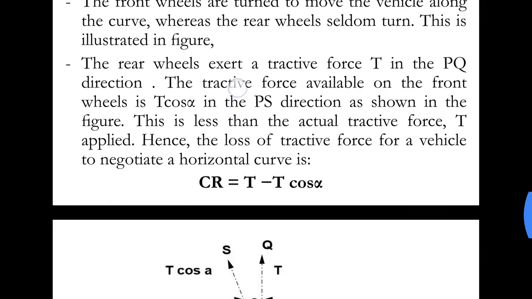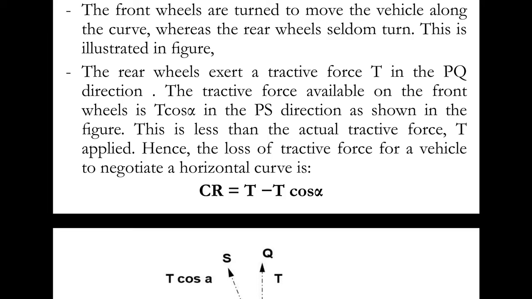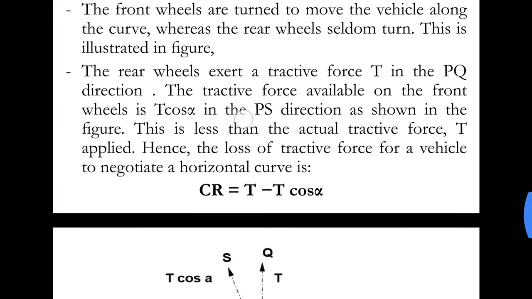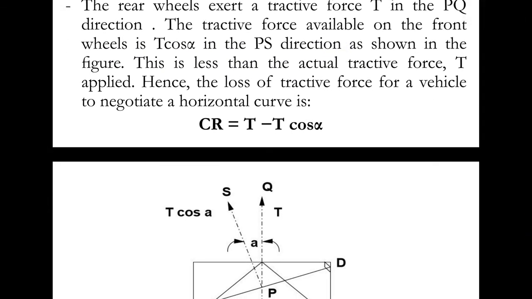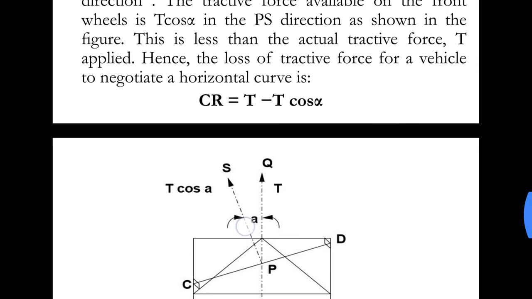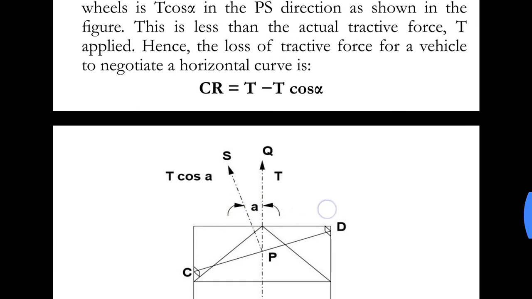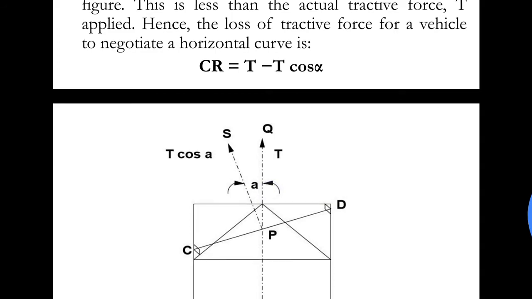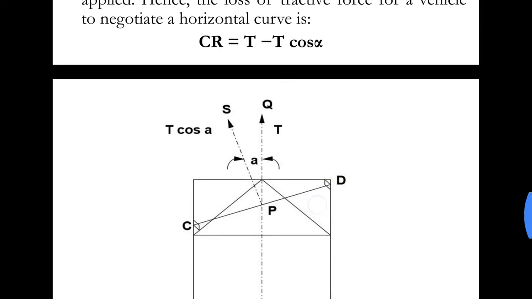The tractive force available on the front wheels is T cos alpha. Here it is given as A, this can be alpha. This is nothing but the angle of steering, the deflection angle.